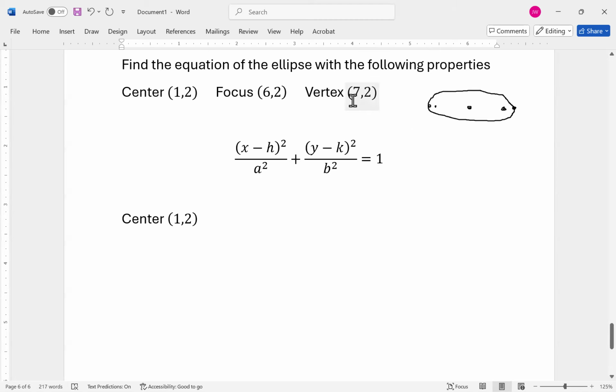The vertex being at 7, 2, well, I know that A is the distance from the center to a vertex. Therefore, I know that A is going to be 6.